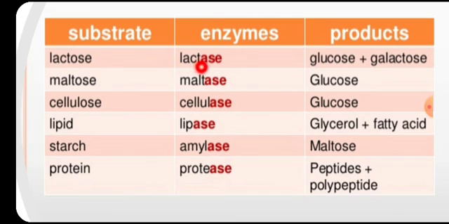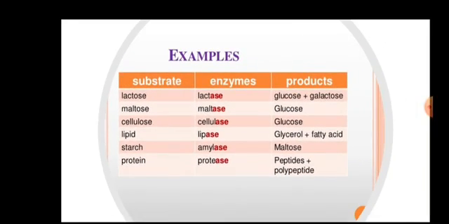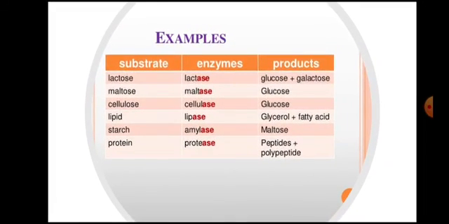Another nomenclature criterion is the inclusion of the name of the substrate. As the name indicates, lactase indicates the substrate is lactose, maltase maltose, cellulase cellulose, lipase lipid, amylase starch, protease protein. This is how the nomenclature system of enzymes works.